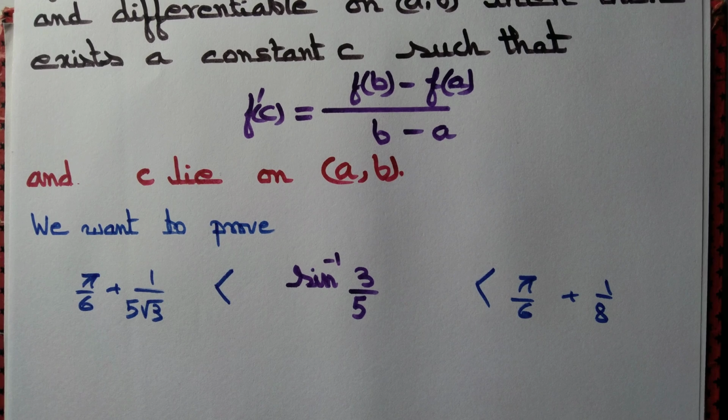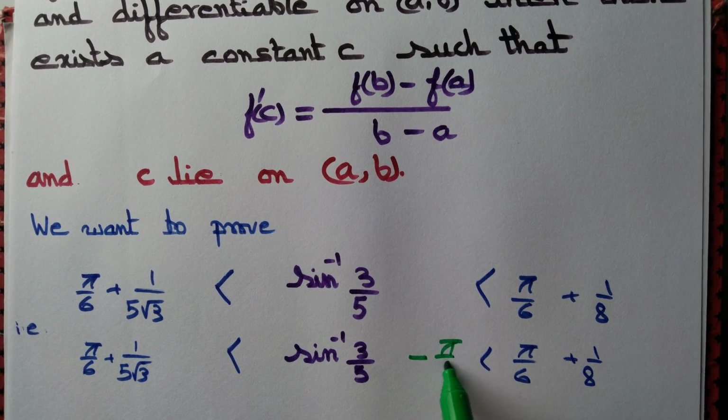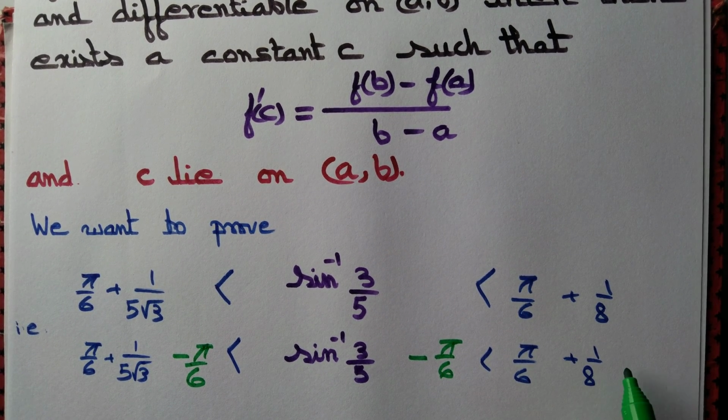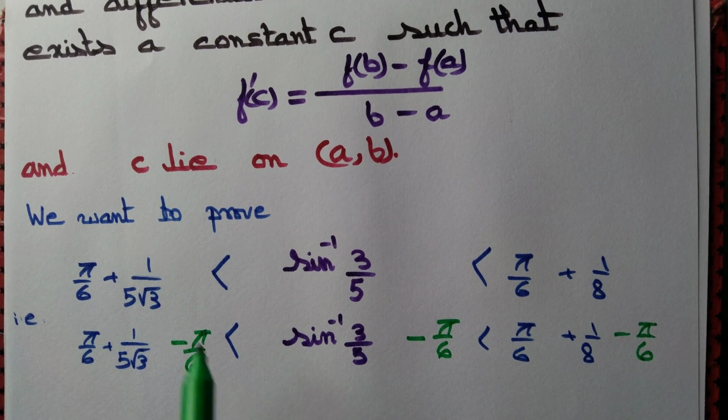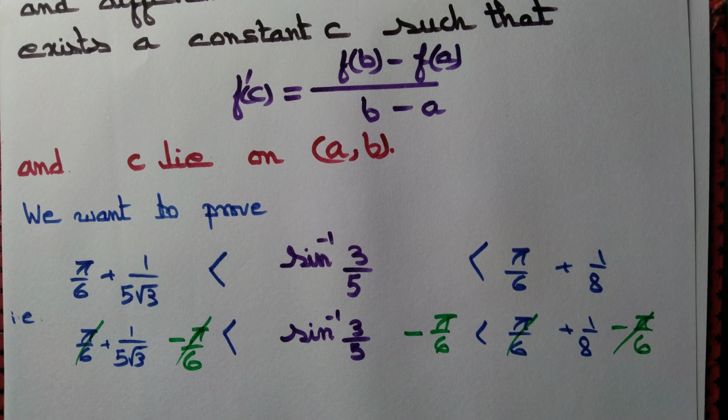That is the same as saying sine inverse of 3 by 5 minus pi by 6 lies between pi by 6 plus 1 by 5 root 3 minus pi by 6 and pi by 6 plus 1 by 8 minus pi by 6. What we are doing is subtracting pi by 6 throughout, and pi by 6 gets cancelled.